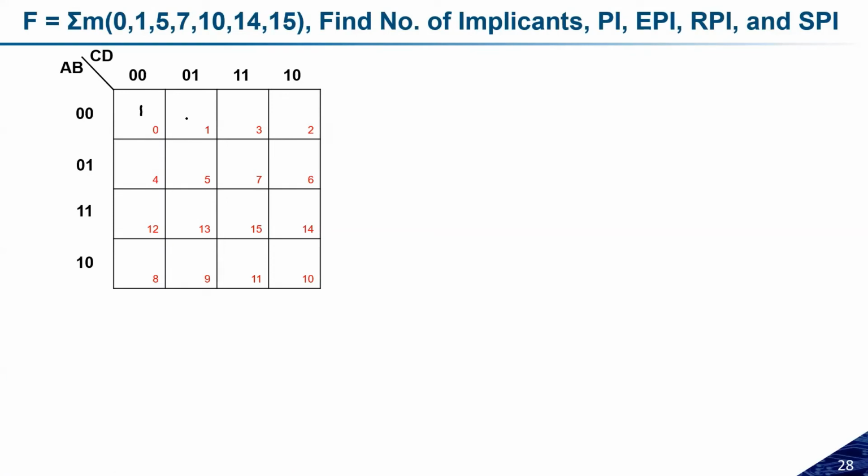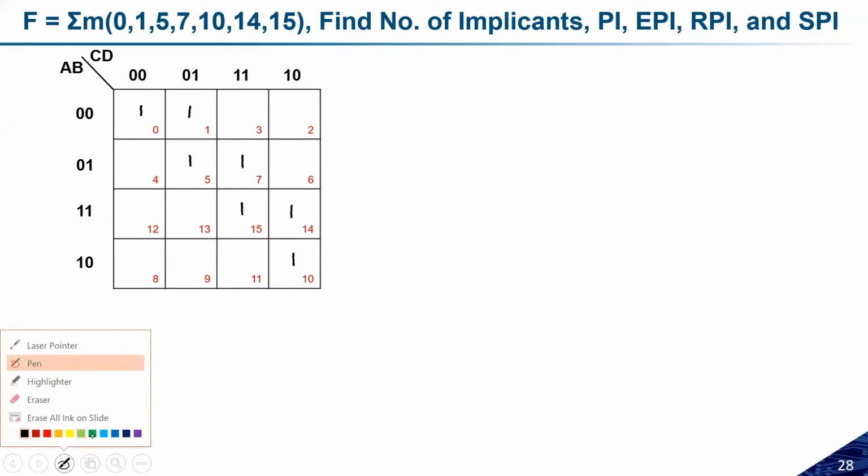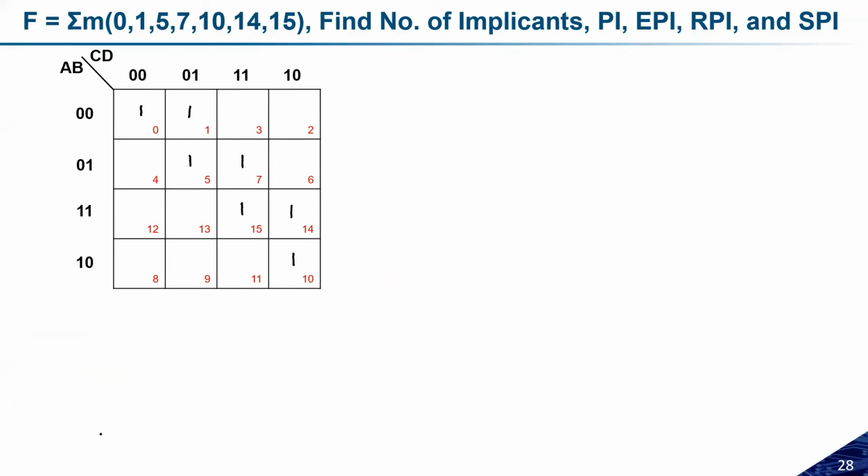So 1, 10 is 1, 14 is 1, and 15 is 1. So these are all ones based on the function given, right? Now let us try to make the pairs. So the first pair which is possible is this one.